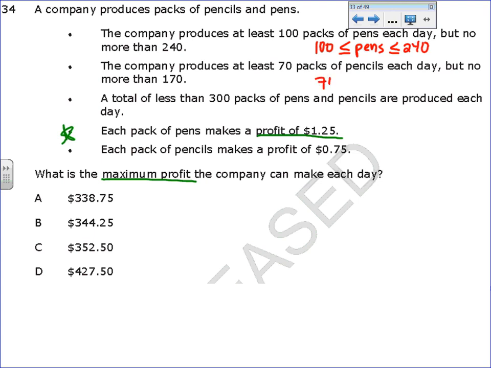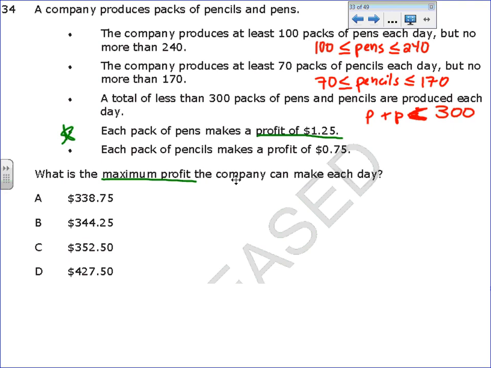For pencils, very similar: I have to sell at least 70, but I can't sell any more than 170. And the pencils and the pens together have to be less than 300. These are all my restraints.